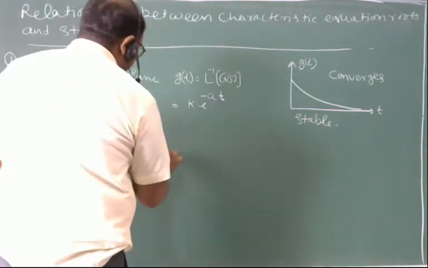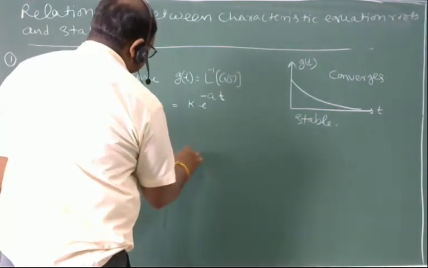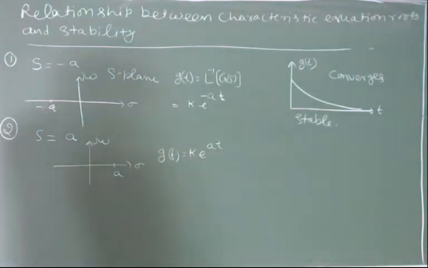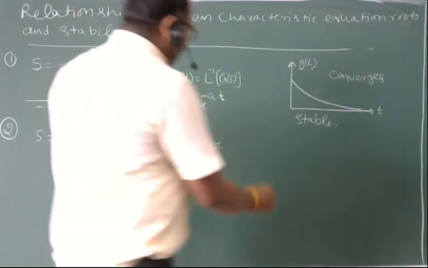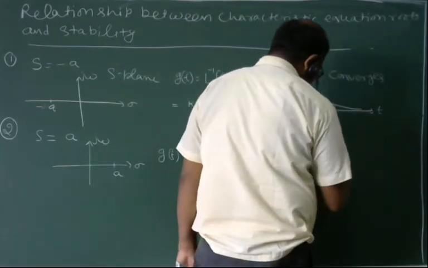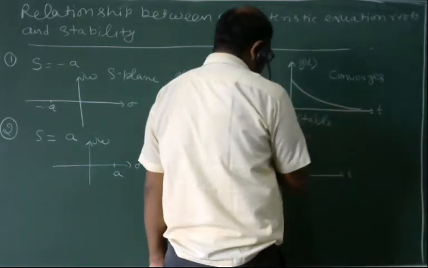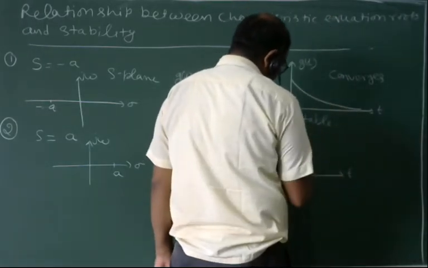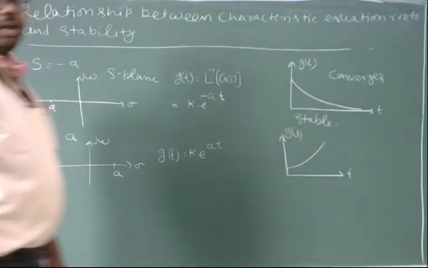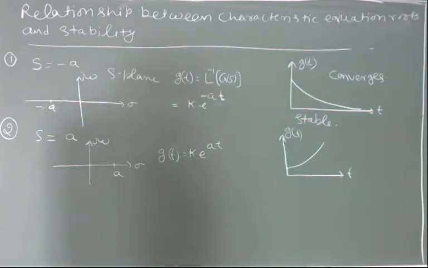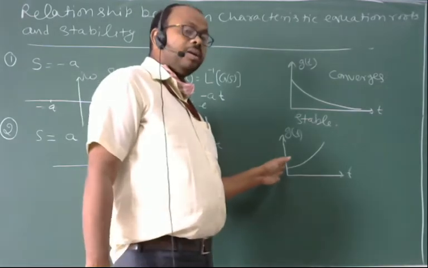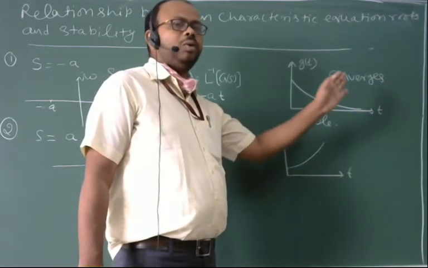In this case, g(t) becomes K e raised to at. And the graph of this g(t) with respect to t is like this. And clearly it can be seen that as time reaches infinity, g(t) grows rapidly towards infinity.